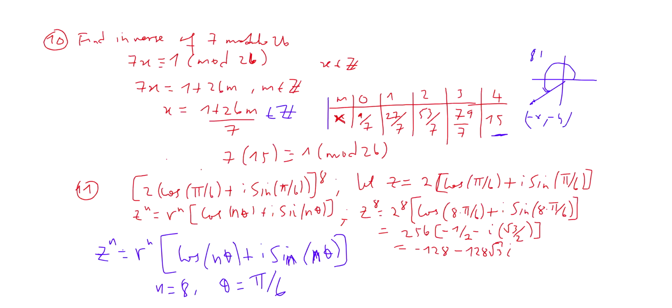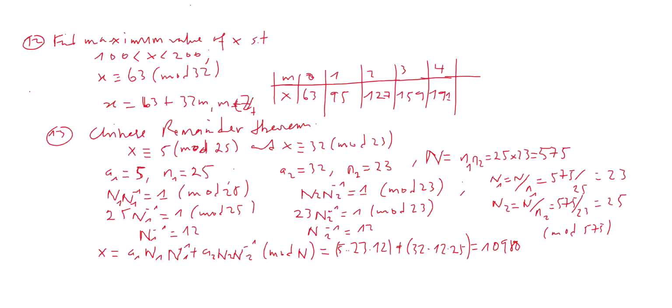So you have a 60-degree angle here, and that gives us minus half. On the sine direction, it gives us minus square root of 3 over 2. So if you multiply through, you have minus 128 minus 128 square root of 3 i. That's the solution in complex.